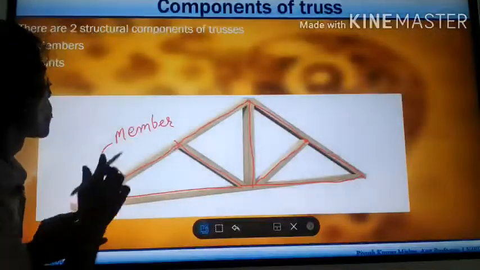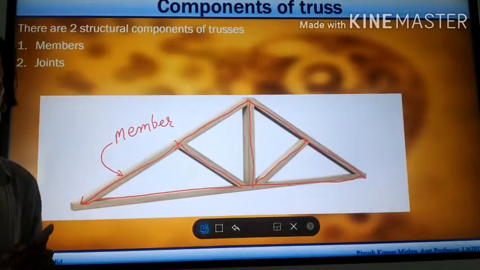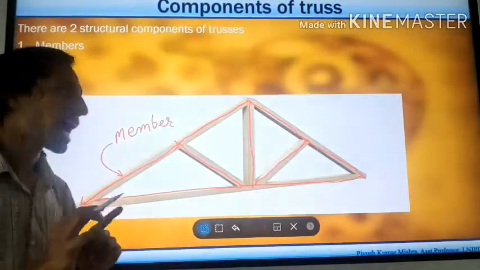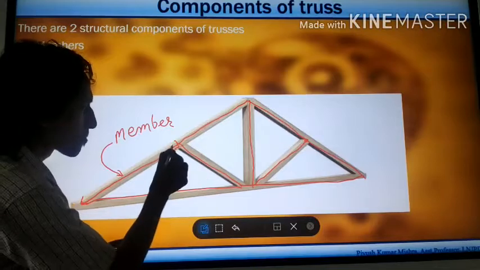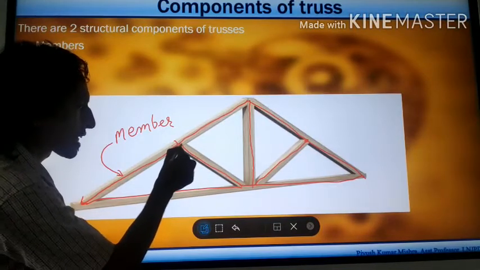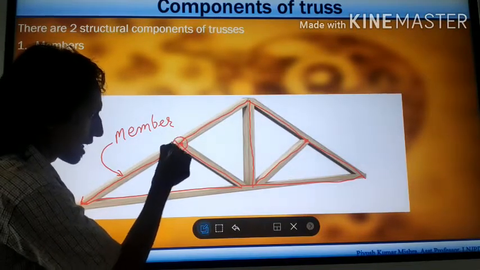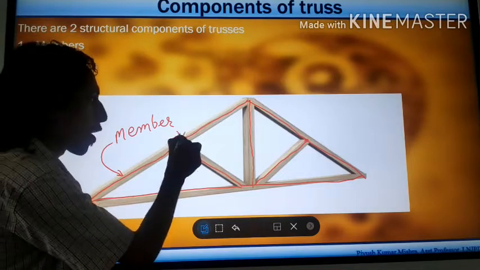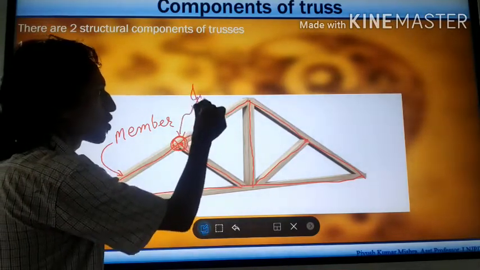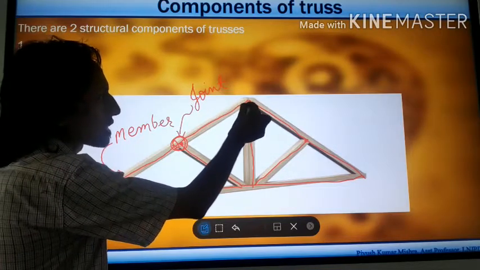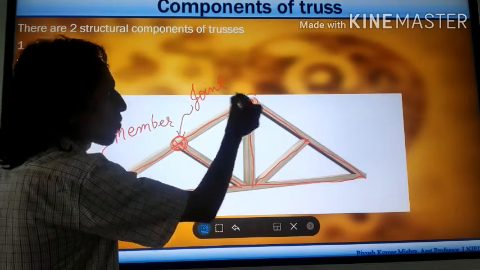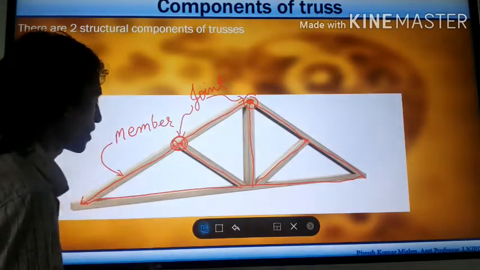What is a joint? A joint is where two members are connected. See, this member is connected at this point, and this point is nothing but your joint. Here three members are connected at one point, so this point is your joint.